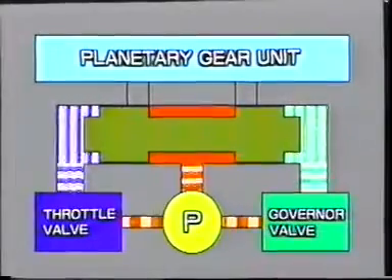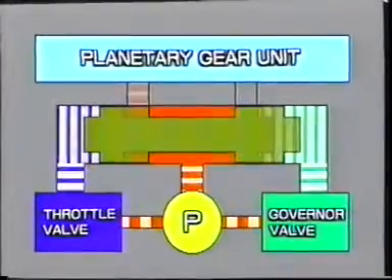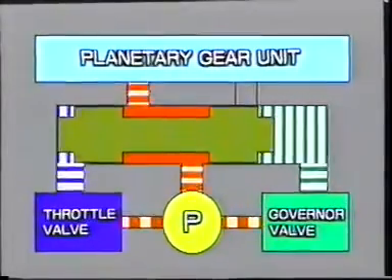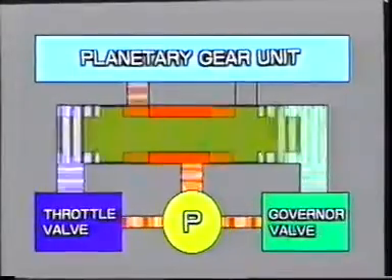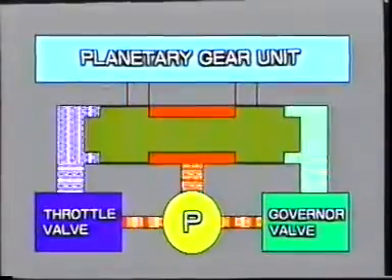Which fluid passage is opened up determines the direction and speed of rotation of each member of the planetary gear set. In other words, it determines what gear the transmission will shift into.